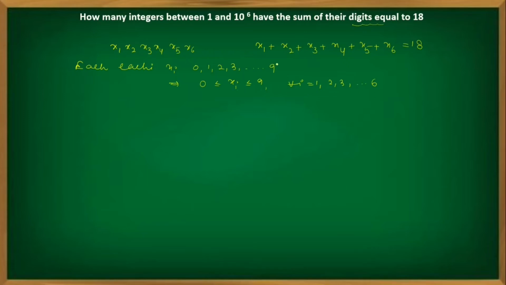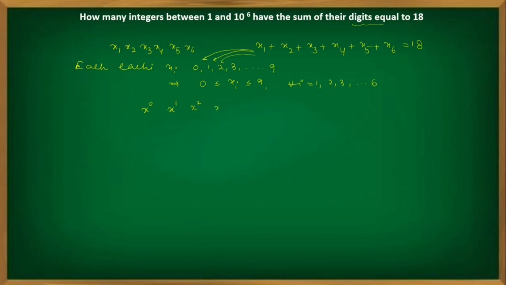Now you see how we will solve this question by using generating functions. x1 may take the value 0, so corresponding to this we write x power 0. If x1 takes the value 1, we represent it by x to the power of 1. If it takes the value 2, the expression is x square.